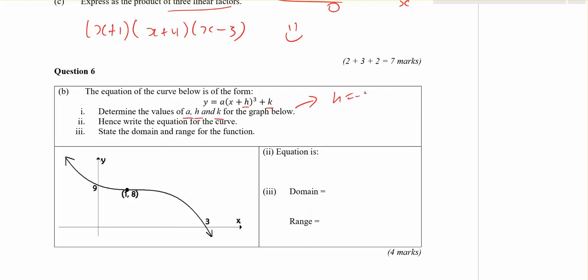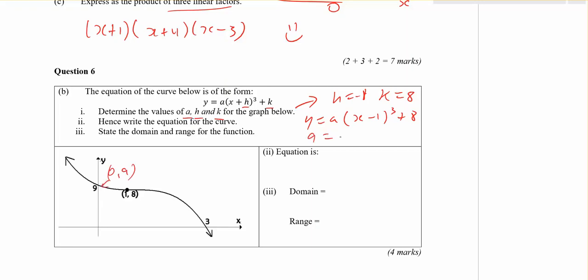Now, to get A, for part 1, to get your A value, I can sub in an easy value like the point 0, 9, because I know it's a point on the graph. So when y is 9, x is 0. So that's A times (0 minus 1) cubed plus 8.